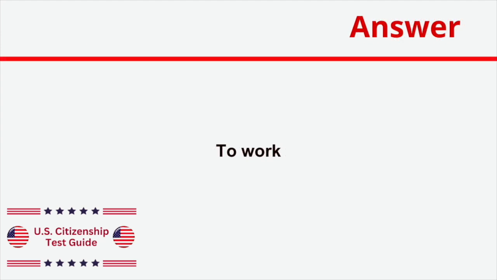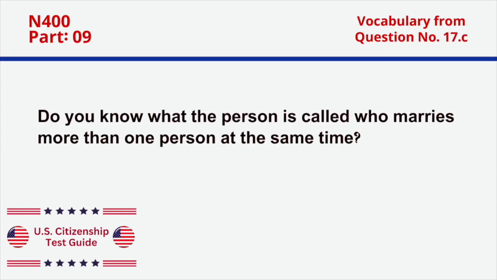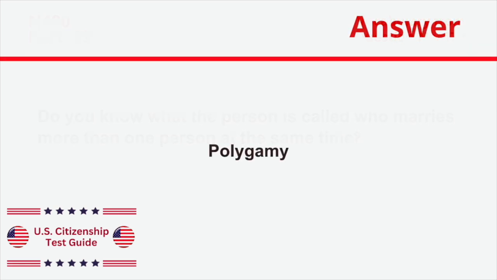To work. To help. Do you know what the person is called who marries more than one person at the same time? Polygamy.